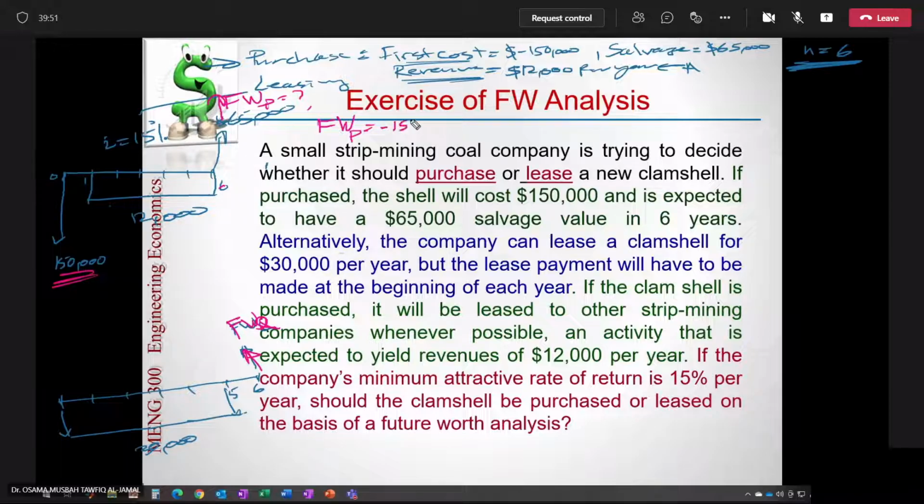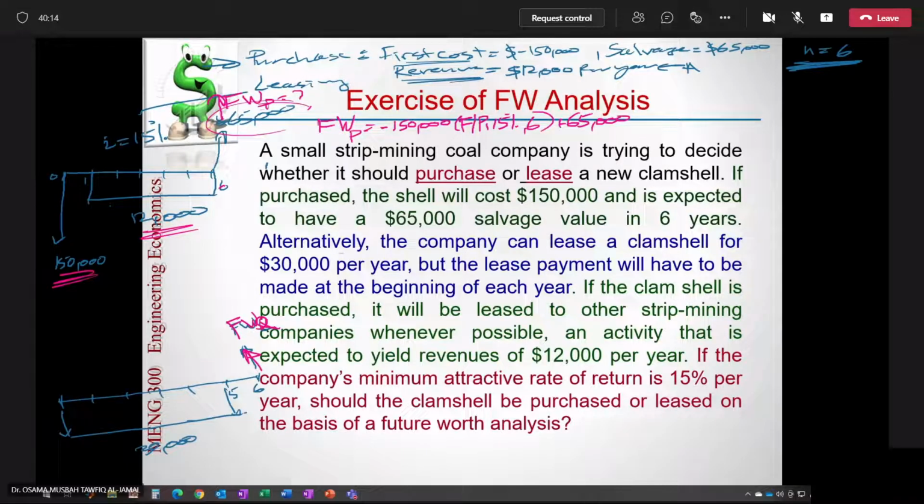Negative 150,000 F given P 15%, how long? 6 years. We have this, which is exactly in the same year, plus 65,000 directly.